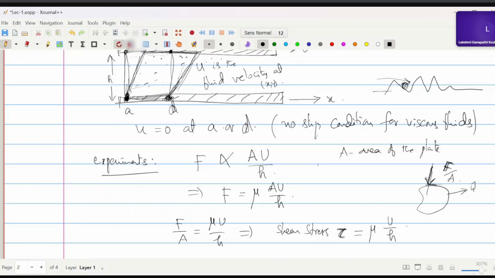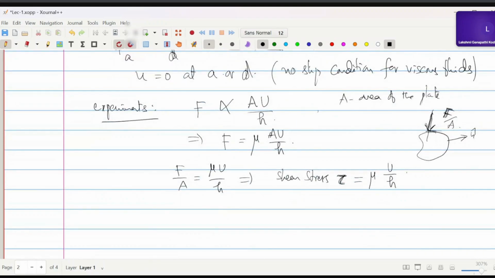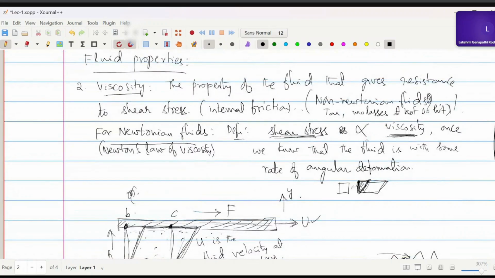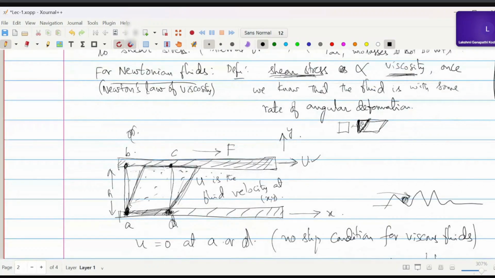So what is U by H? U is the velocity of the fluid with that force. The fluid here is BC. What is the velocity of BC?